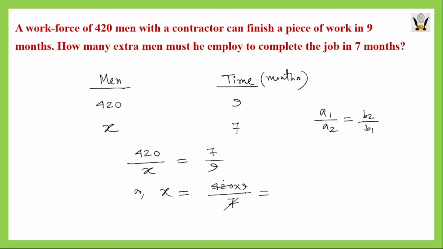Now here it will be 60, so it will be 540. So these many men we need to complete the same piece of work in 7 months. And how many workers do we have? 420. So how many extra workers do we need? Extra will be 540 minus 420, that means it will be 120. So this is the solution of this problem.